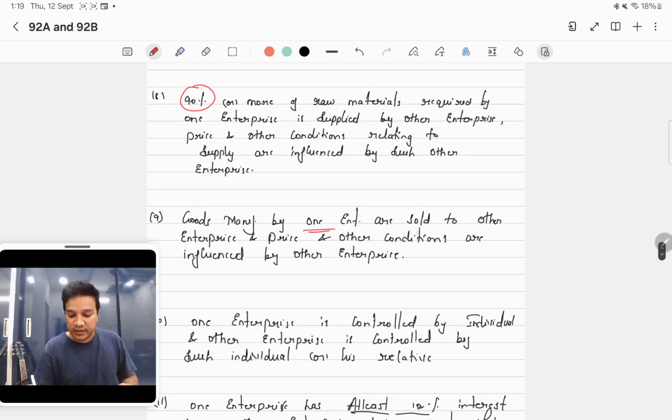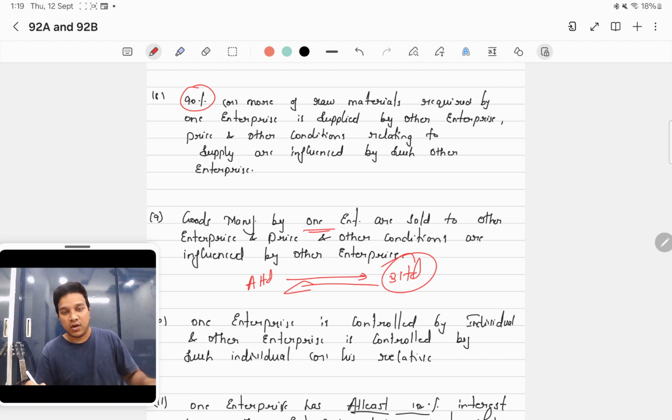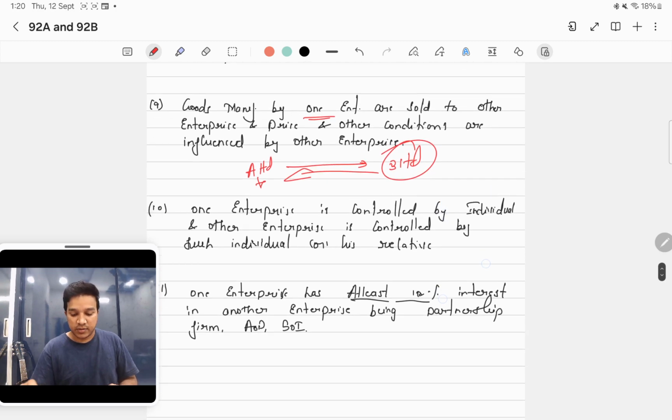Goods manufactured by one enterprise are sold to the other enterprise, and the price and other conditions are decided by the buyer. See, now A Limited is manufacturing some product and has sold it to B Limited, but B Limited is deciding the prices and other conditions of the product sold by A Limited. Then A and B Limited are both associate enterprises.